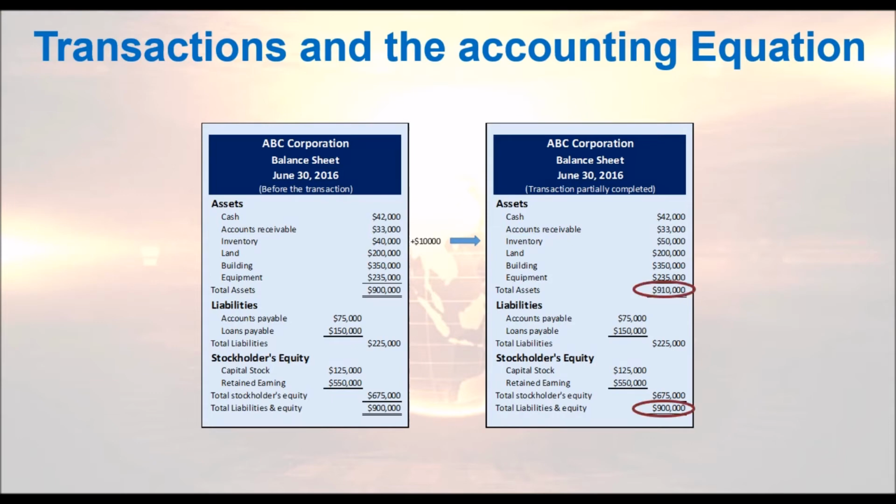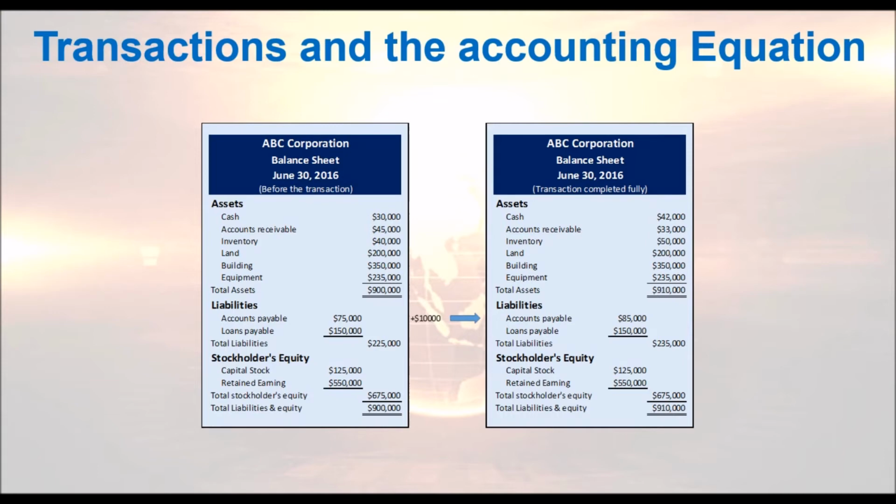But like in the previous example, the transaction has not completed fully. It's only partially complete, because now the total assets is 910,000, whereas the total liabilities and equity is only 900,000. So there's a difference of 10,000, which is the inventory. So let's see what we need to do. What we need to do is increase the accounts payable by 10,000, because you will be making payments on it.